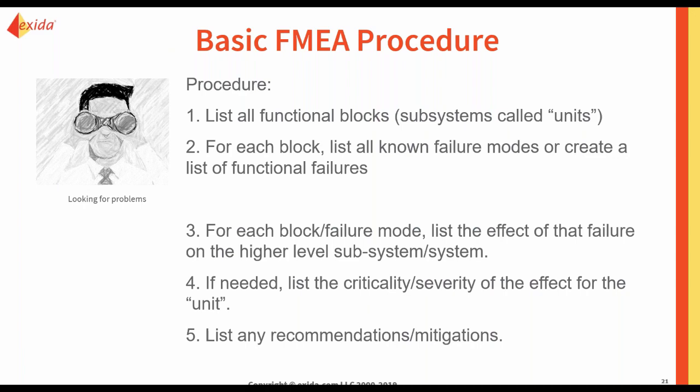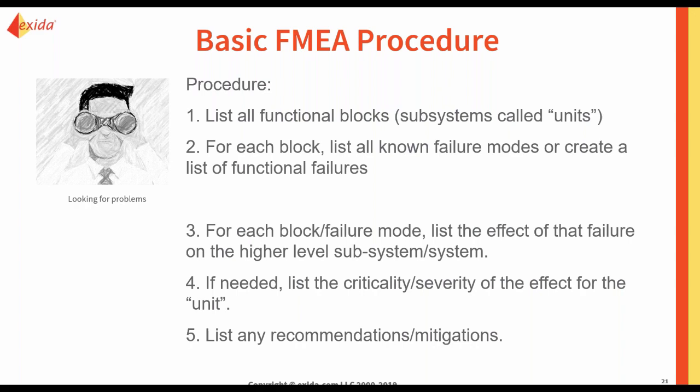The basic FMEA procedure, which is typically something we've seen in many of the different FMEA courses: list all the blocks. For each block, list all known failure modes, or create a list of functional failures, typically using a set of what are called guide words. For every block failure mode, we have to think about what's going to happen.